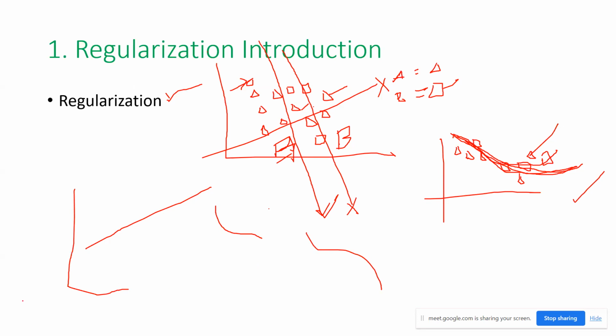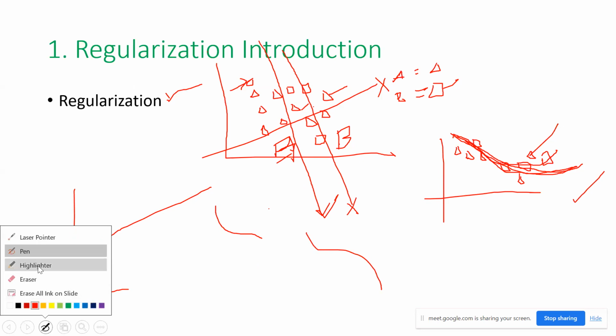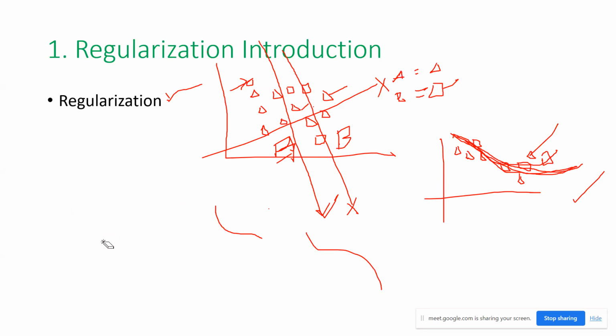Whenever it is having more generalization error, then the overfitting problem occurs. When we have more test error, then it comes under underfitting.